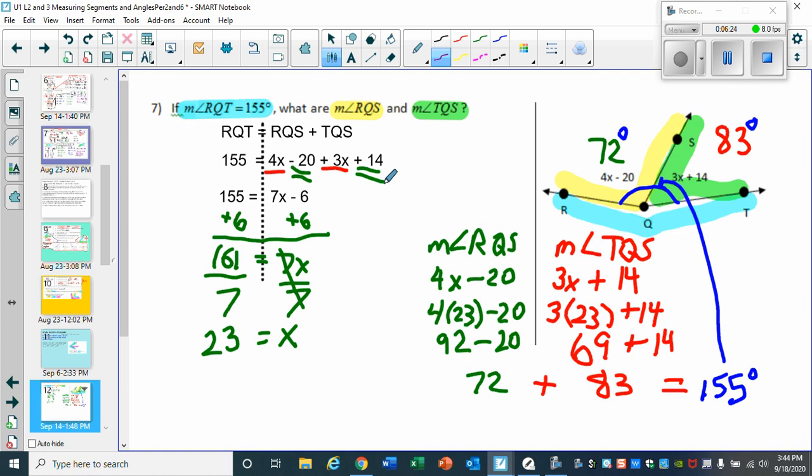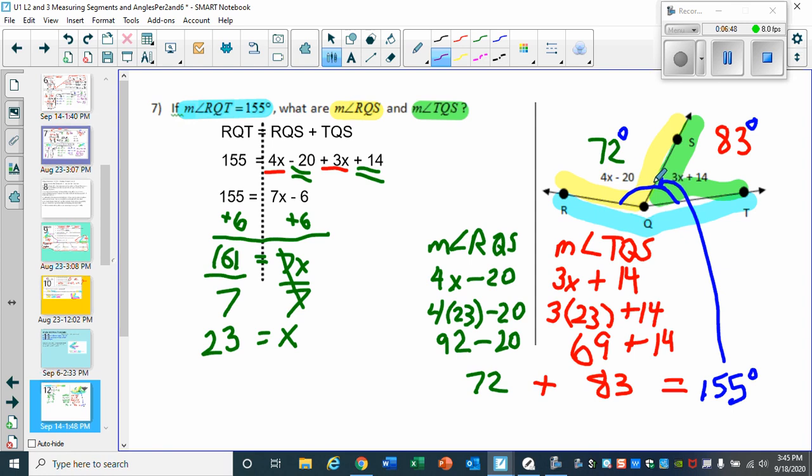All right, now for this problem, RQT was our overall angle. Overall angle was 155 degrees. So given the angle addition postulate, RQT is equal to the sum of RQS plus TQS, or SQT, could be the same.